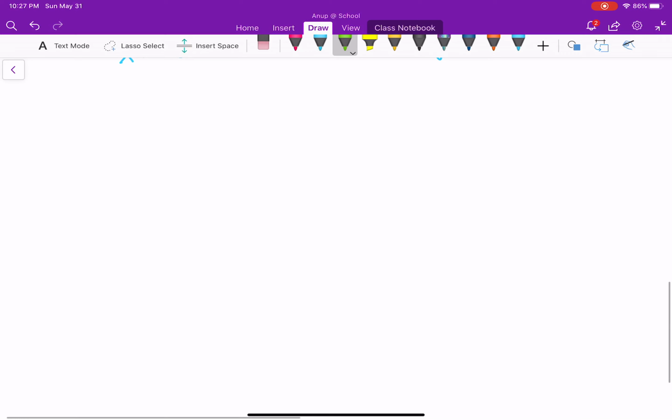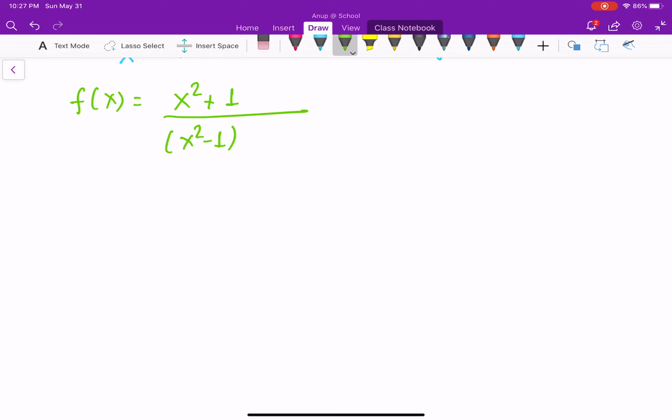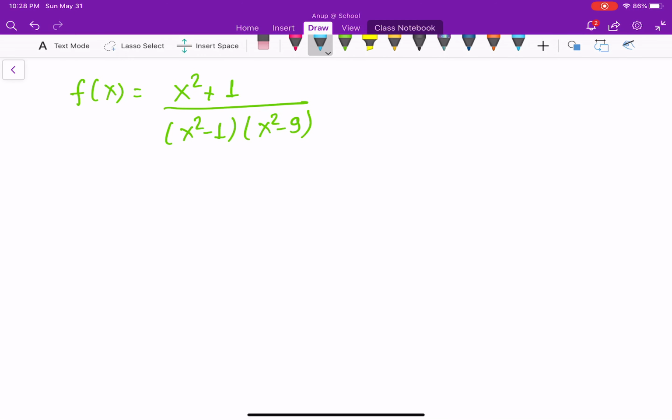So let's see another example where f of x is equal to x squared plus 1 divided by x squared minus 1 times x squared minus 9. Our goal is to find the vertical asymptotes of this rational function. Again, we begin from the denominator.